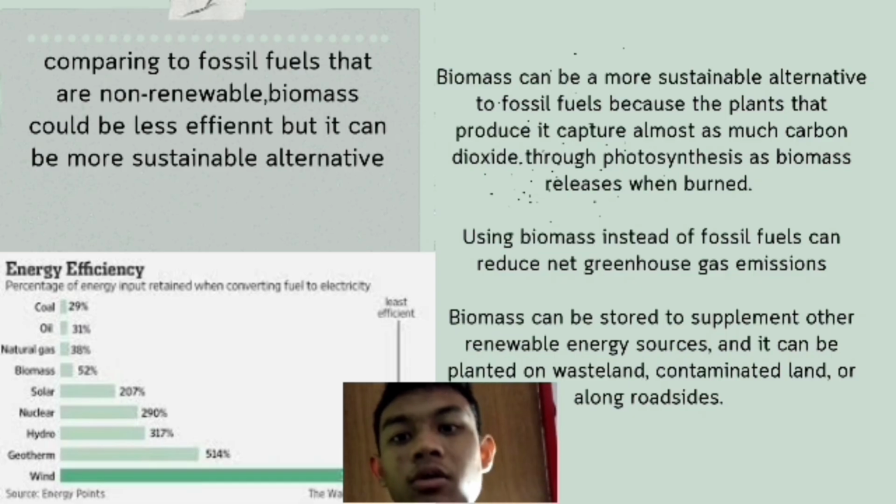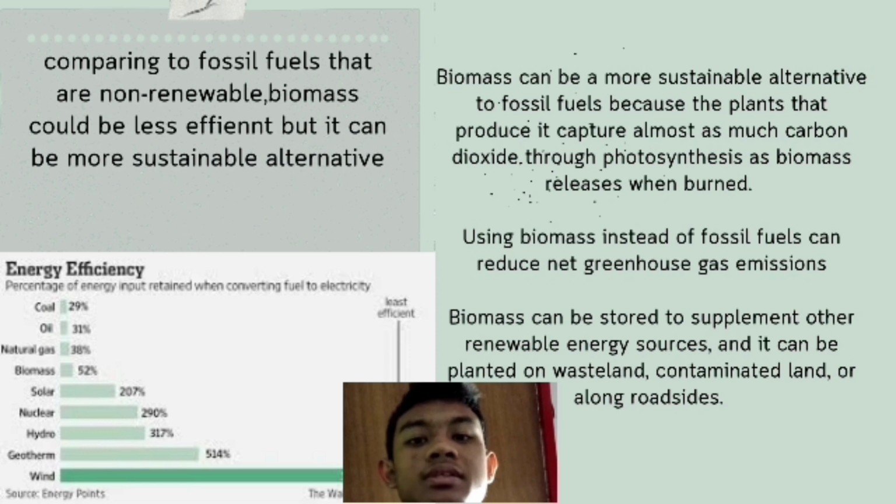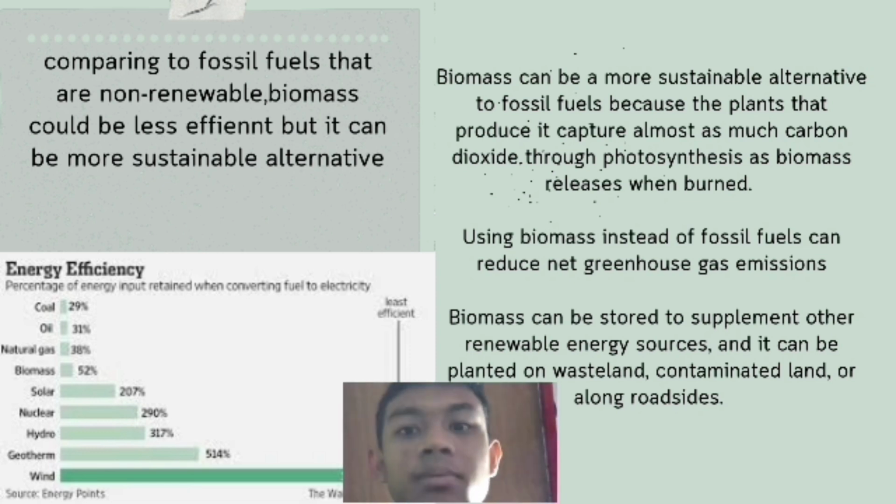Here we can see coal, oil, natural gas, and also biomass. As you can see, biomass is at 52%, which is not very high, but it is higher compared to the other non-renewable sources.